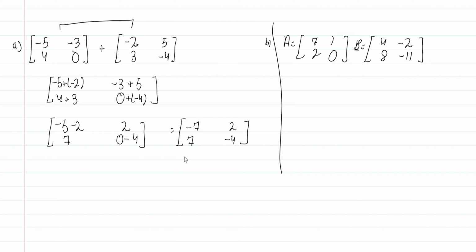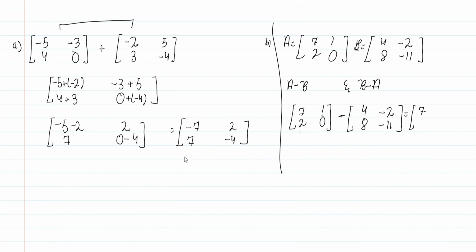Now I'm saying find A minus B, okay, and B minus A. First, you have to find A minus B. 7 minus 4, okay. 1 minus minus 2, 2 minus 8, 0 minus minus 11, okay.